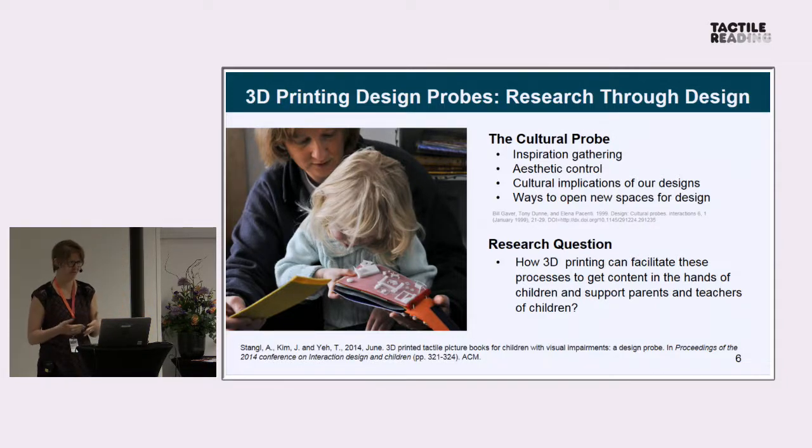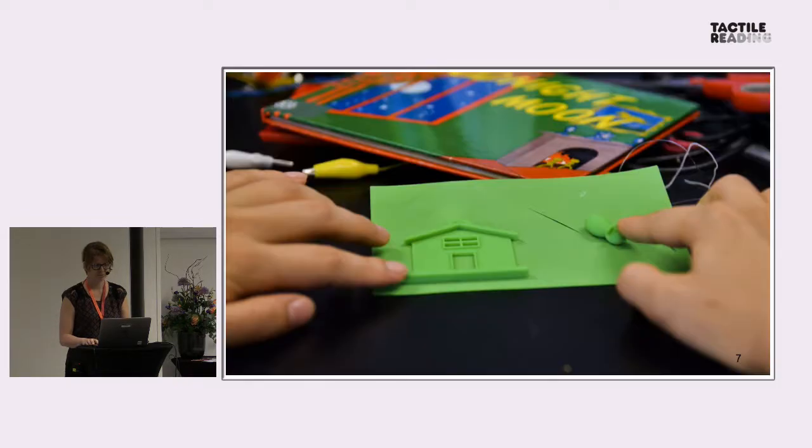And because we know of the low incident rate of blindness in our communities, we decided to use the affordances of 3D modeling, which meant that we could rapidly produce replications of the same image and send them out to different people. And our question at the beginning was, how can 3D printing facilitate the processes to get the content in the hands of children and support parents and teachers particularly?